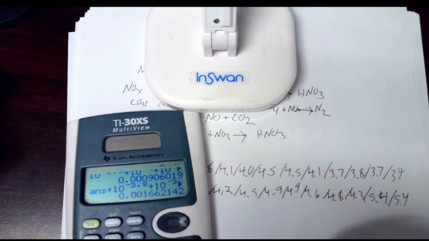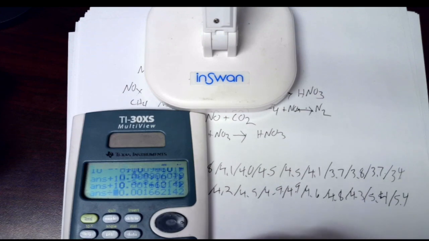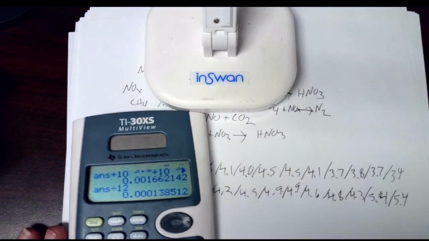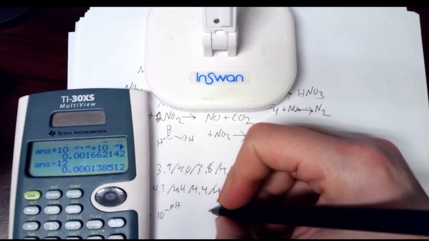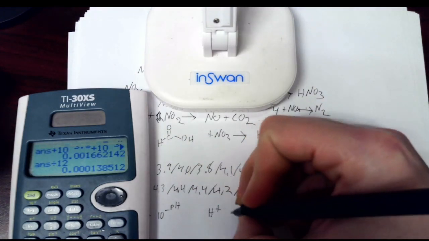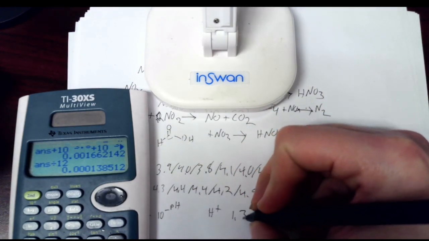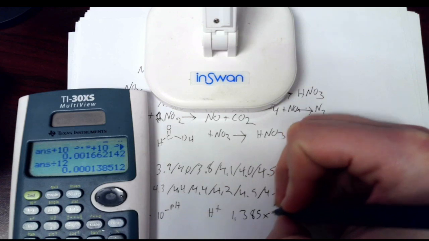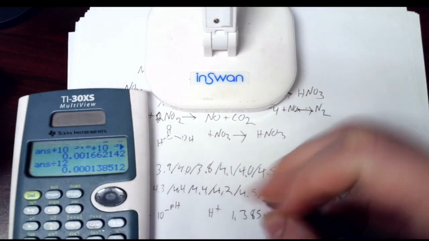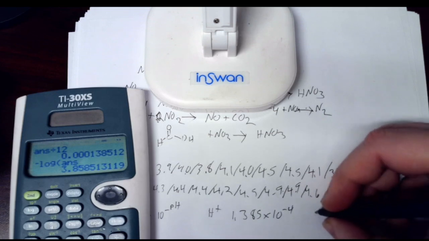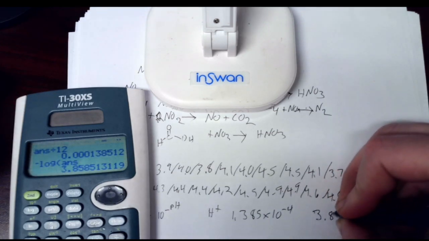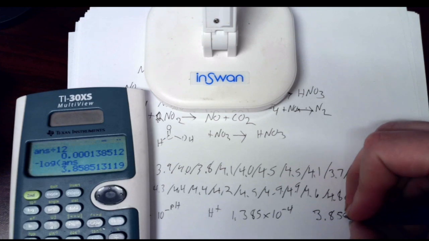Now, divide that by 12. And you get an average H plus for the first one of 1.385 times 10 to the negative fourth. I take the negative log of that to get it back into pH. That's a pH of something like 3.858.